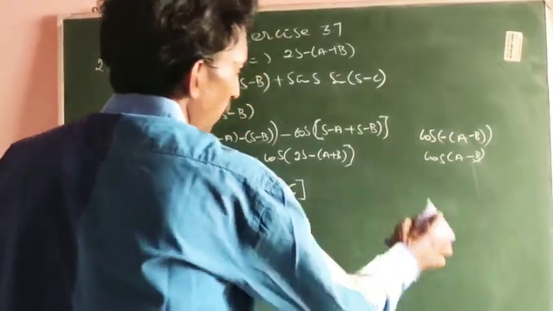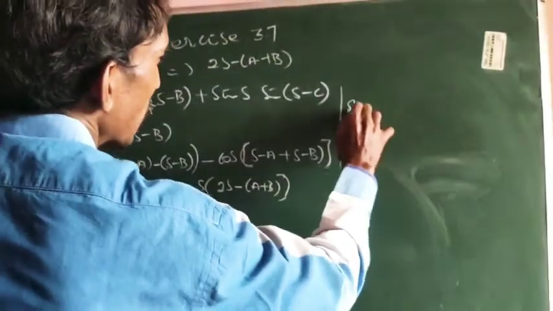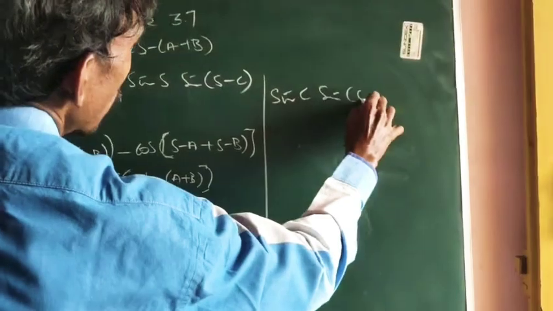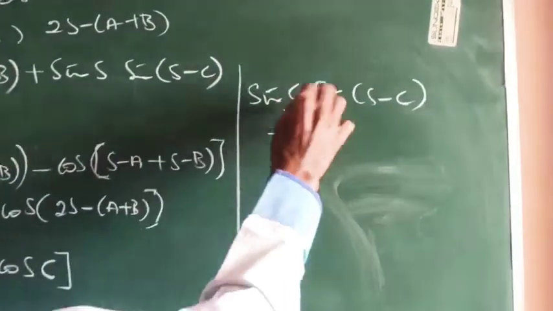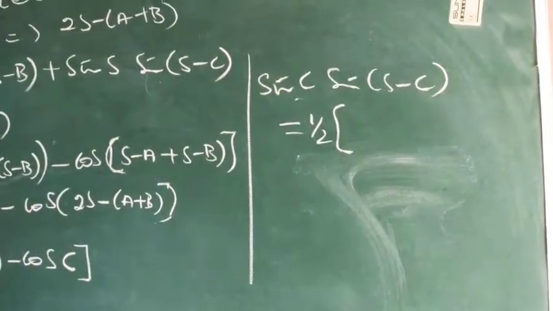Similarly, we can apply the same formula for the next term, sin s sin(s minus c). Sin A sin B equals 1 by 2 cos(A minus B) minus cos(A plus B).